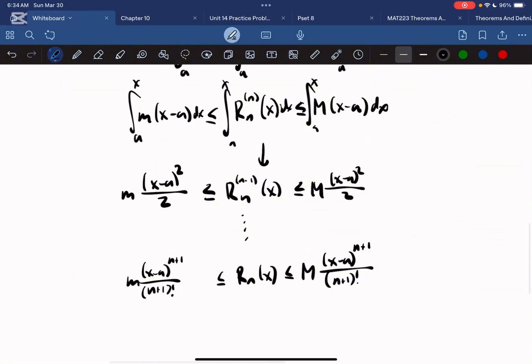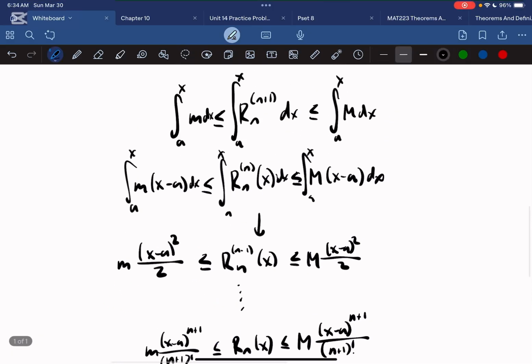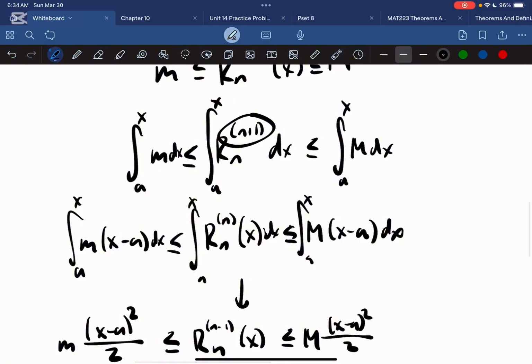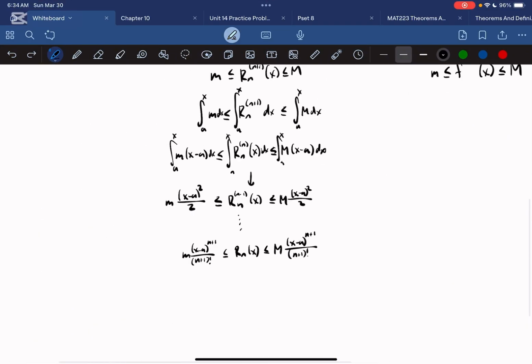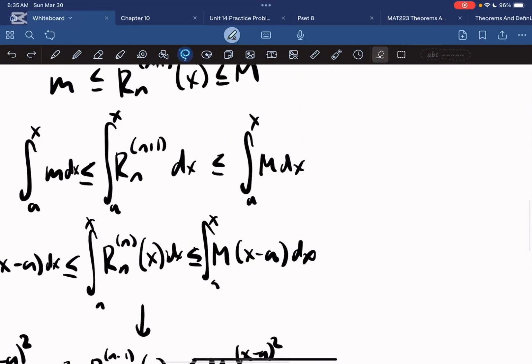Okay, let's take a look at how exactly we got that. We see that here we start with the n plus 1th and we get to 0, meaning we do this integration n plus 1 times, and every time we integrate once, the degree of x minus a increases by 1, because we can also write this as x minus a to the 0.